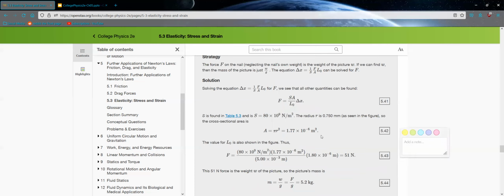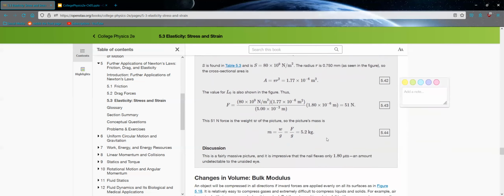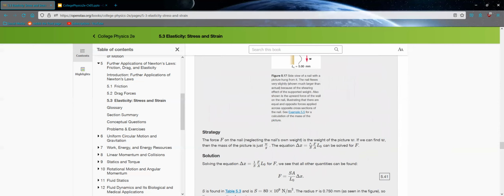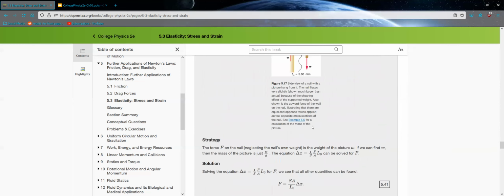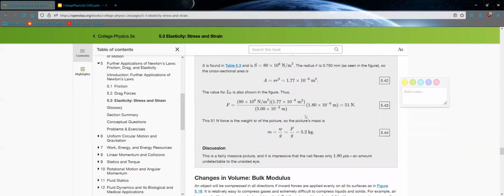People screw this up all the time, right? And the L naught and delta x are also given in units other than meters, so you've got to convert them with your times 10 to the blank, right? Plug in all those numbers to get a force of 51 newtons. And then, well, force equals mass times acceleration. So rearrange that for mass to find out that the nail is holding up a 5.2 kilogram object, picture, what have you, right?